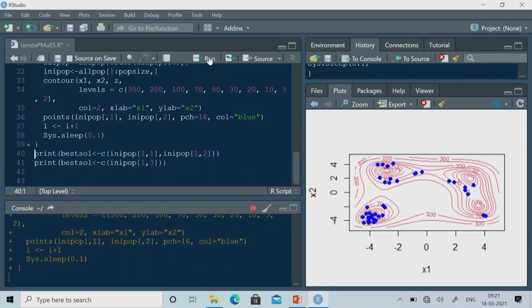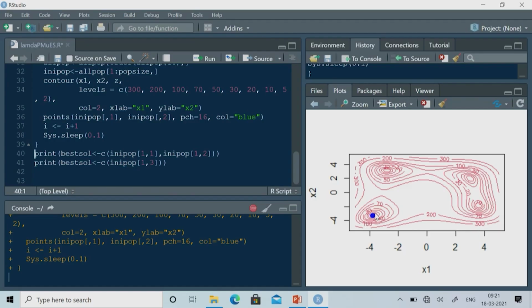Now, let us see. So, it is still running. So, I am getting only one optimal solution. So, all the population are at this particular solution, that is on the 3rd quadrant.